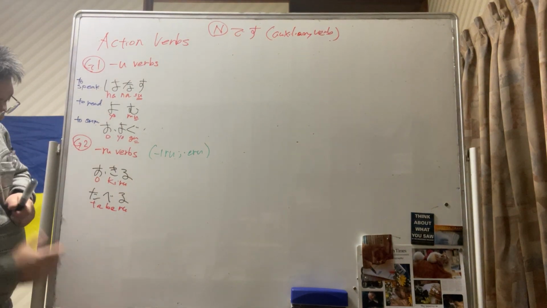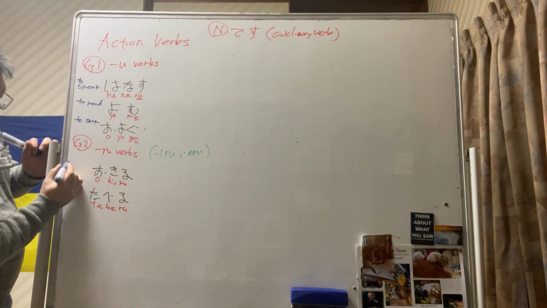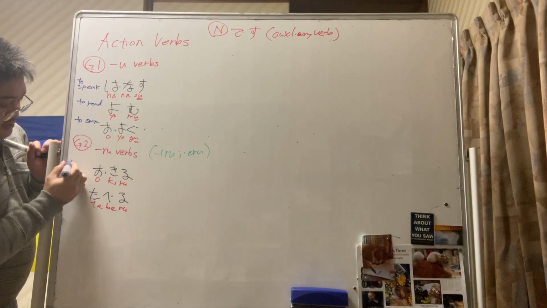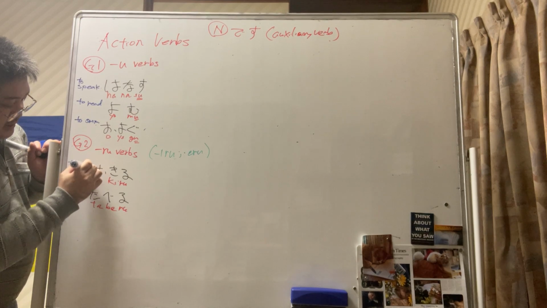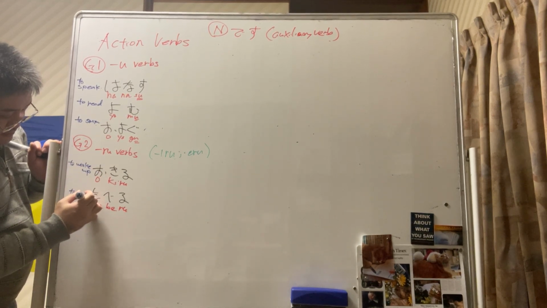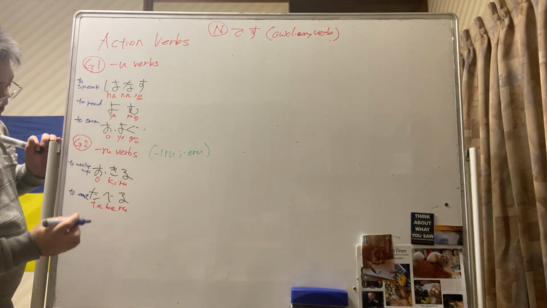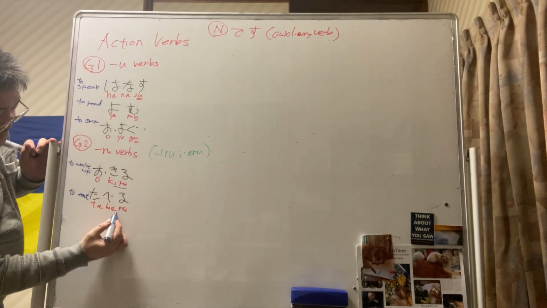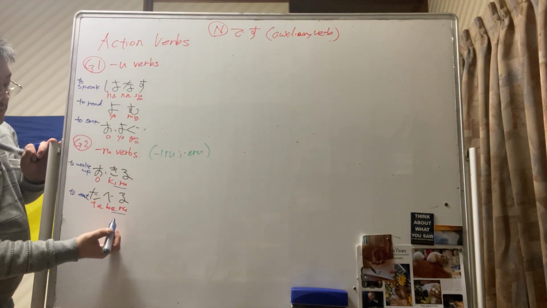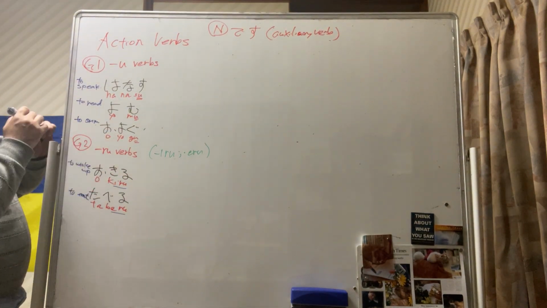Okiru means to wake up. Taberu is to eat, of course. And now you can see it ends with eru or iru sound.